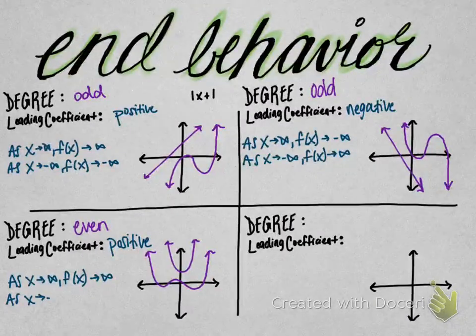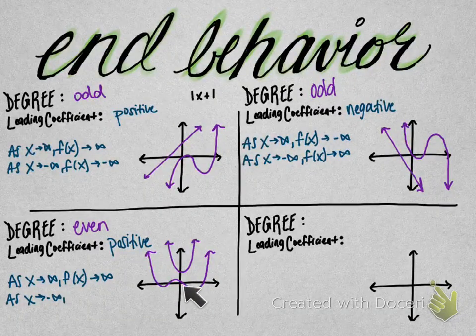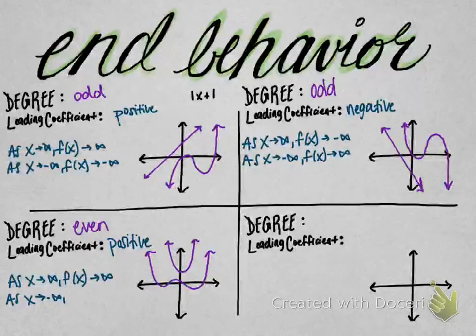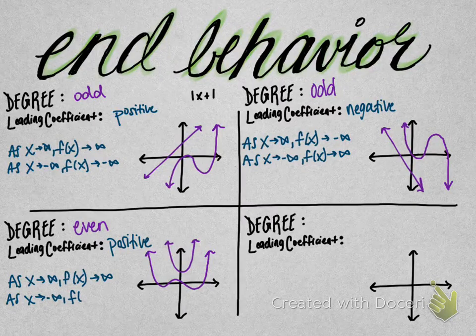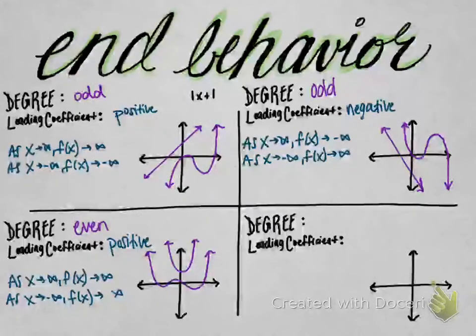As x approaches negative infinity, okay, again, that's the left-hand side of our graph here, from the origin, as it is moving to the left, what is our graph doing? It is shooting upward again. So as x is approaching negative infinity, f of x is also approaching positive infinity. Should change that. It should say positive infinity right there. Let me just fix that. There we go.